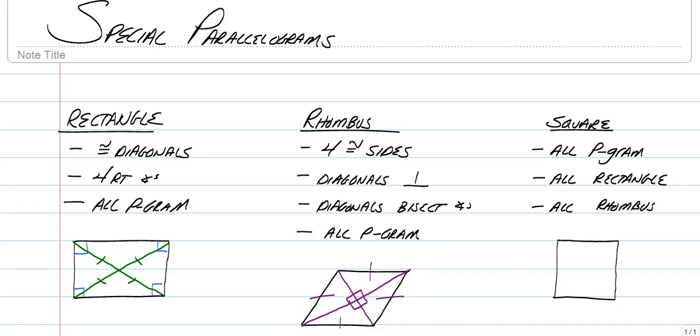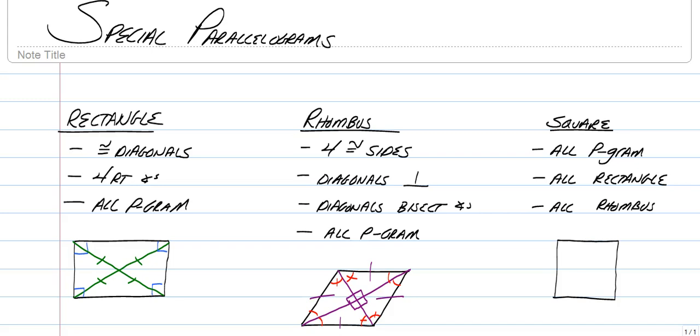They still bisect each other, but they are also going to bisect your opposite angles as well. So you have to remember, in a parallelogram, your opposite angles are congruent, but in a rhombus, they're also going to be bisected.